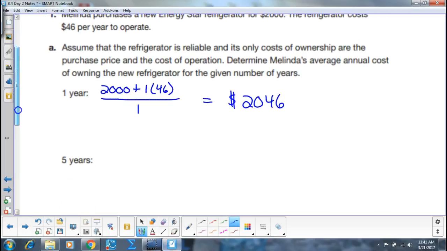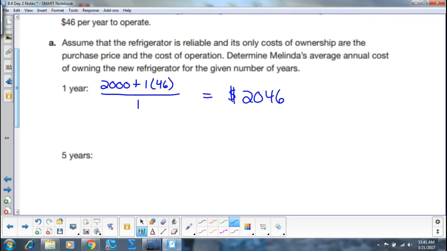Okay? Now, what's the average cost of her owning that one? Luke? $2,213. No. Because she spent $2,000 on it, right? And then there was 5 years at $46 a year, right? So that's where you got your $2,230, right?